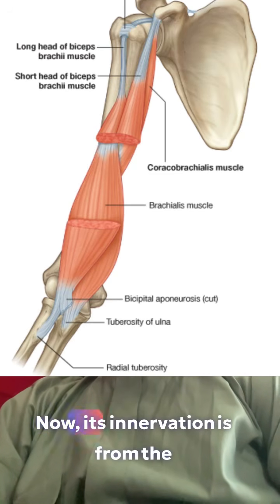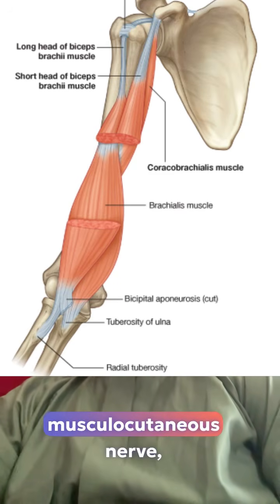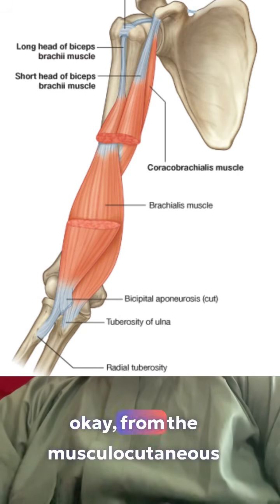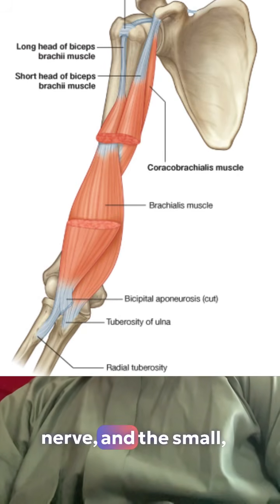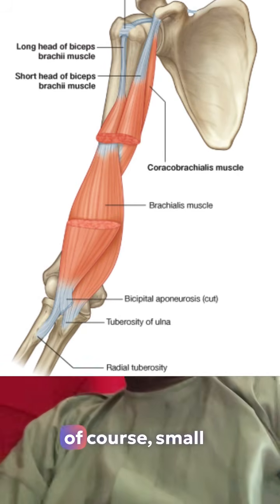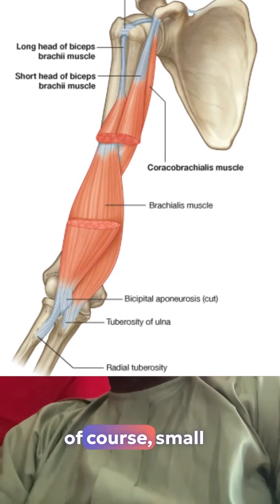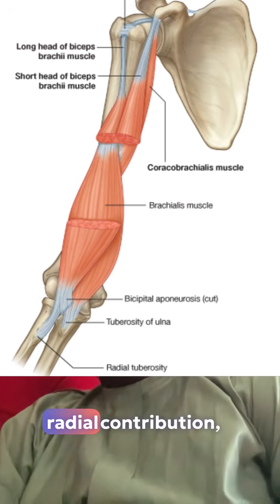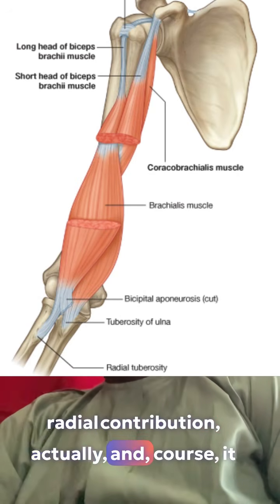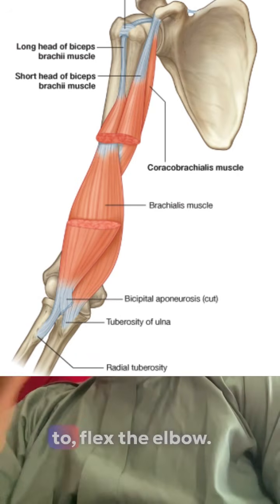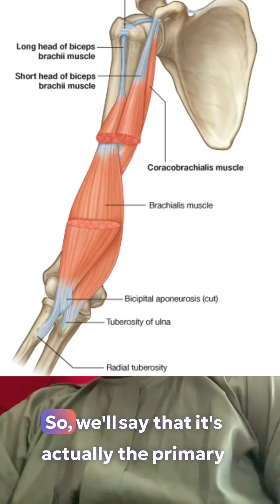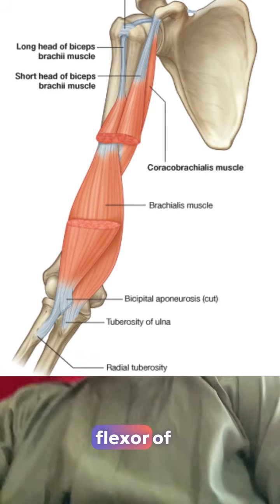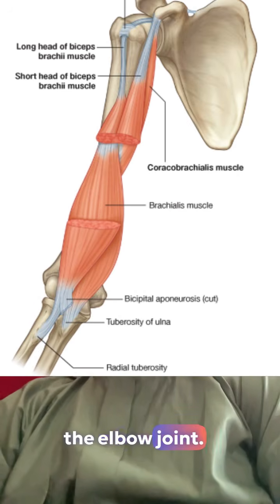Now, its innervation is from the musculocutaneous nerve, and of course a small radial contribution actually, and it functions to flex the elbow. So we'll say that it's actually the primary flexor of the elbow joint.